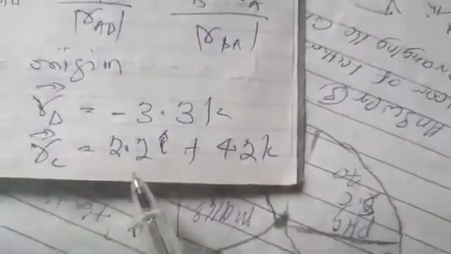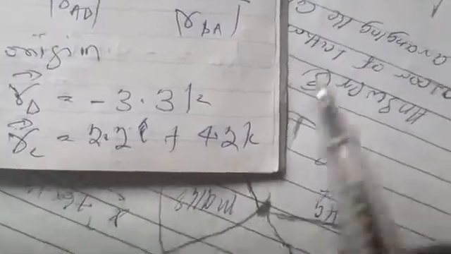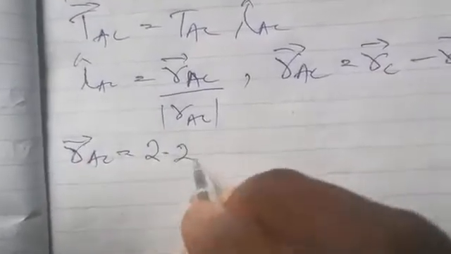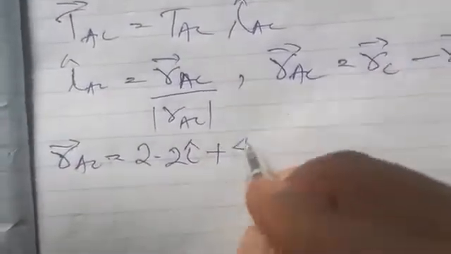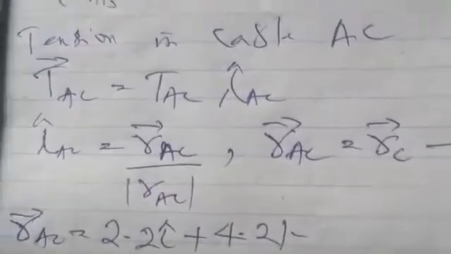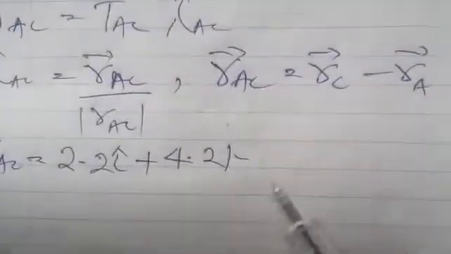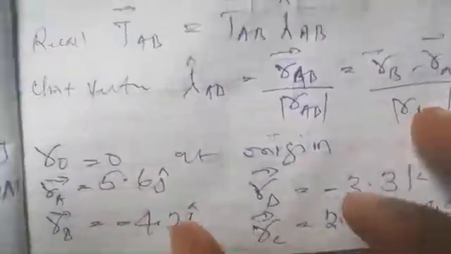So R_AC is now equal to, let's obtain R_OC from before. R_OC was obtained to be 2.2 i plus 4.2 k, minus R_OA. R_OA is still 5.6 j, so minus 5.6 j.